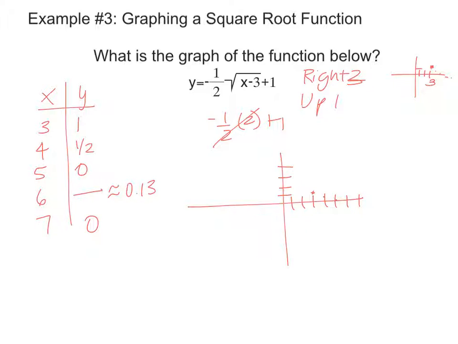So that'd be negative 1/2 times the square root of 6 minus 3 and then plus 1. Nope, I was right. It's about 0.13. And then if I put in 7, that's negative 1/2 times the square root of 7 minus 3 and then plus 1. And again, that one is 0. So that one really just stays along here.